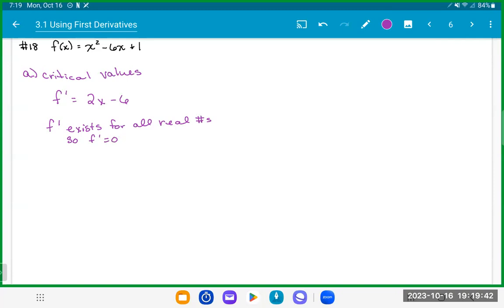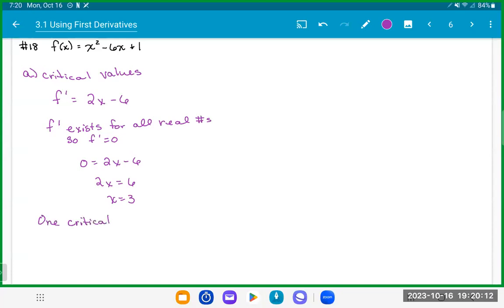So now we can say 0 is equal to 2x minus 6 and solve for that. So that gives me 2x equals 6, so x is equal to 3. So there is one critical value, and that is 3. So we have 2 intervals.